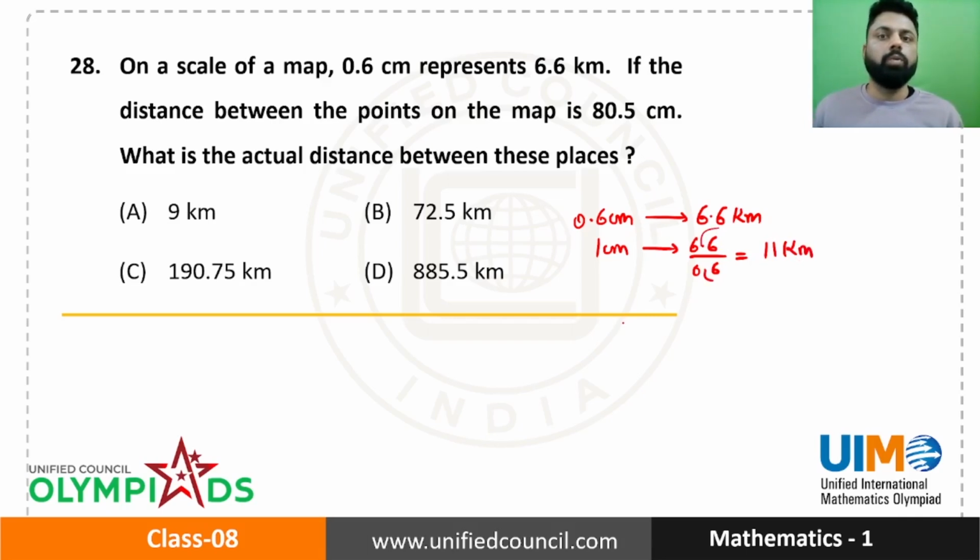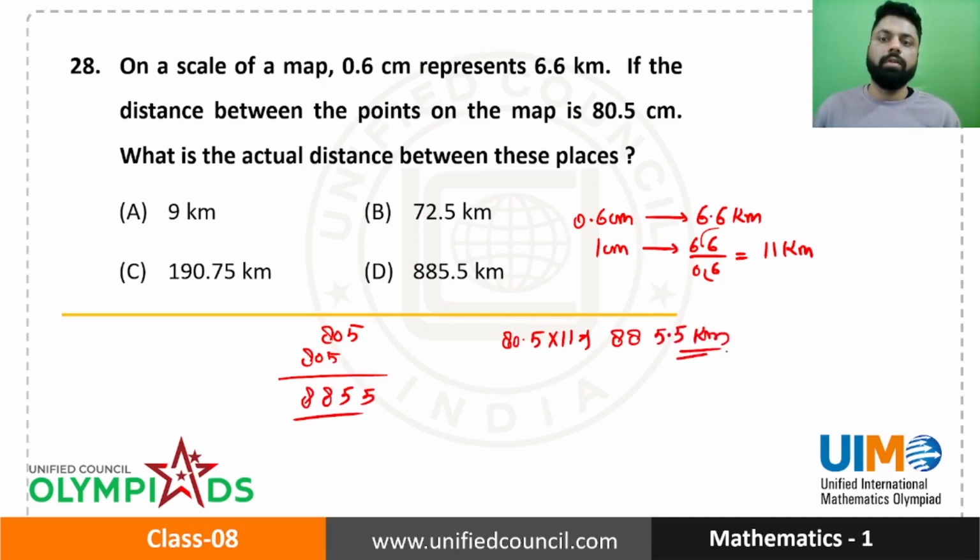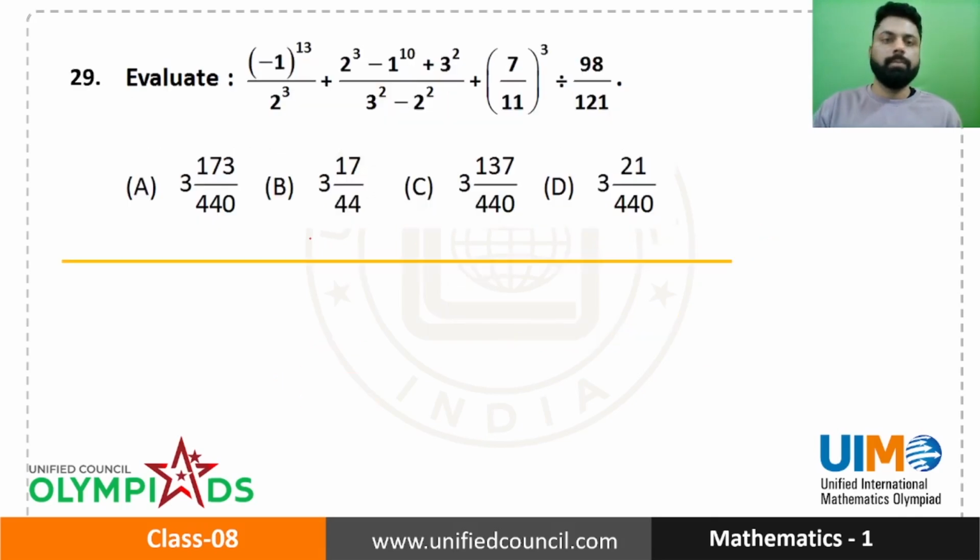If the distance between 2 points on the map is 80.5 centimeters, what is the actual distance? So 80.5 multiplied by 11, double 8, double 5, 885.5 kilometers. The option.